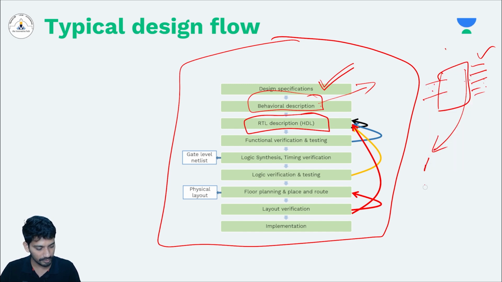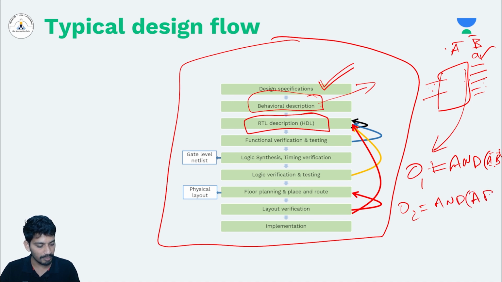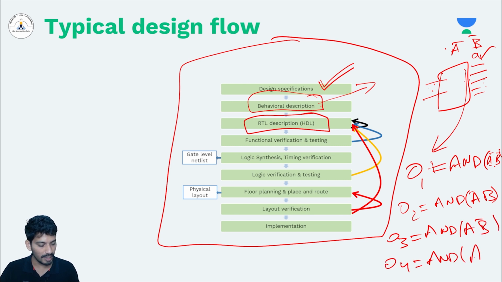In this case, the hardware RTL is like this. You want to get the output O1 is equal to AND of input A bar and B bar, because O1 is A bar, B bar. We see in the previous slide. So output O2 is equal to AND of A bar B, and output O3 is equal to AND of A B bar, and output O4 is equal to AND of A and B. See, very simply I am writing the description of my hardware.